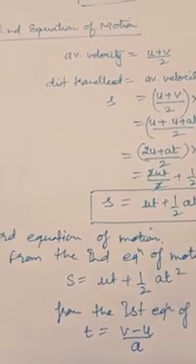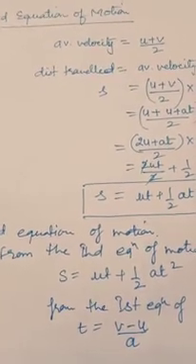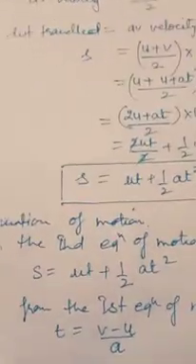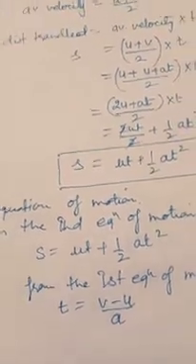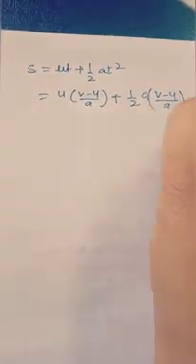We can write it the other way also, t equals v minus u over a, and substitute the value in the second equation of motion. So substituting, we have s equals ut plus half at square, and the value of t is v minus u over a. So s equals u times v minus u over a, plus half a times the square of v minus u over a.